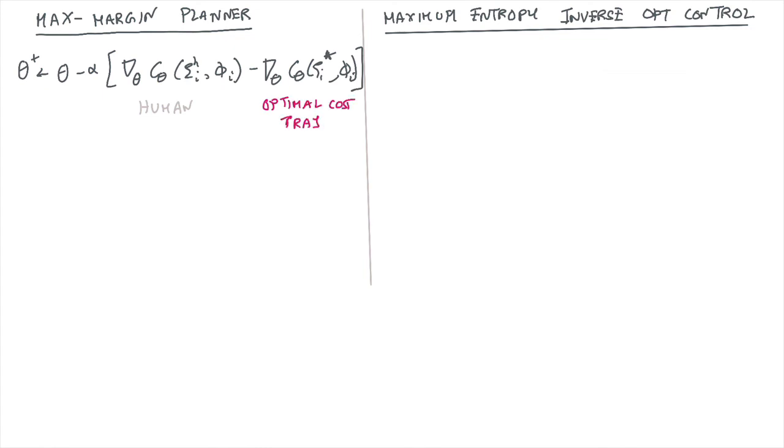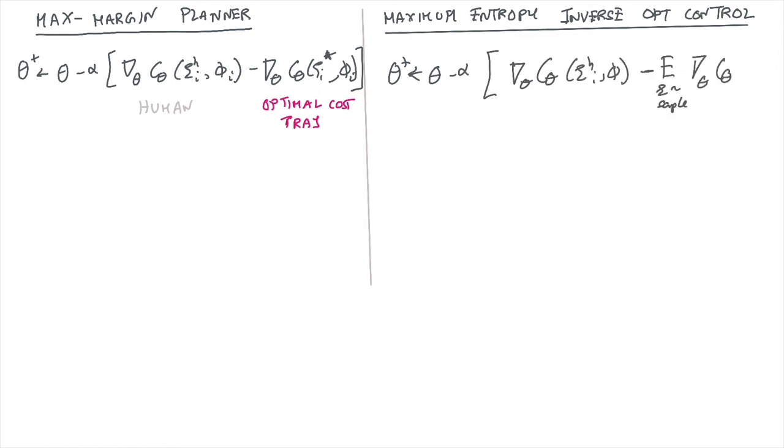How does this contrast with maxent? Maxent, again, we are bumping down the human plan, but we are bumping up the cost of samples that are low cost trajectories, right? Instead of the optimal plan, we're doing a soft min operation. That's the only major difference.